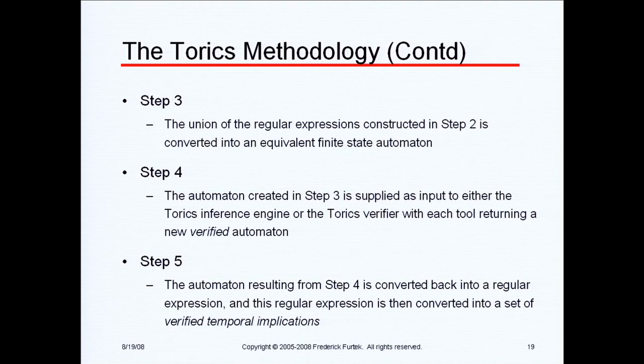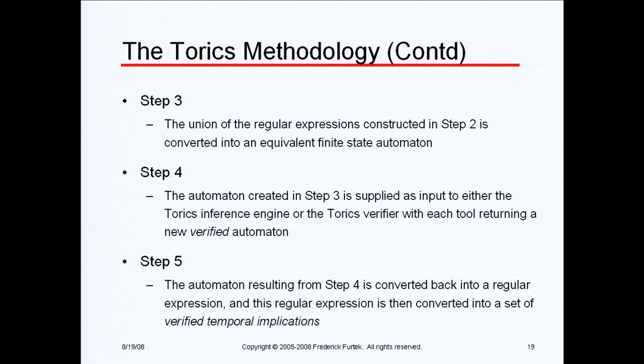Now, step 4, we take the automaton, the finite state machine created in step 3, and we supply that to either the Torics Inference Engine or the Torics Verifier. Both tools return a new, verified automaton, which represents the property you're either deriving or verifying.